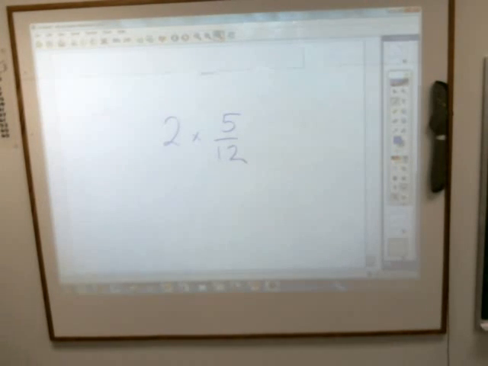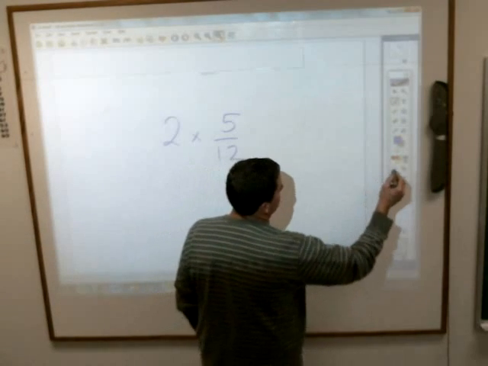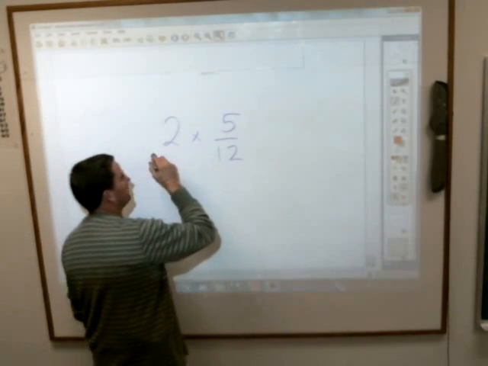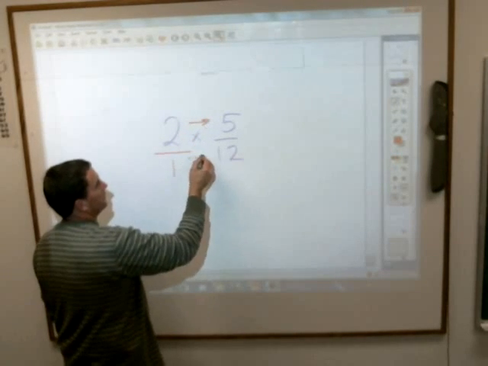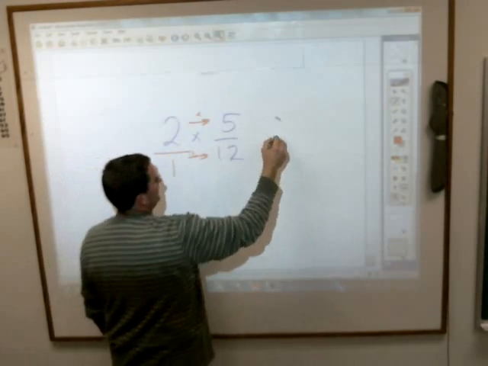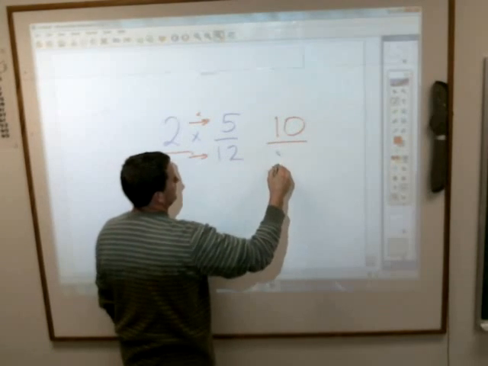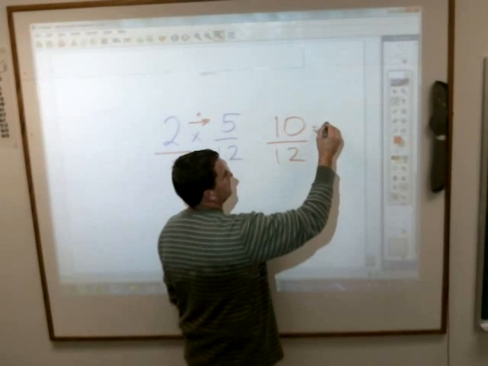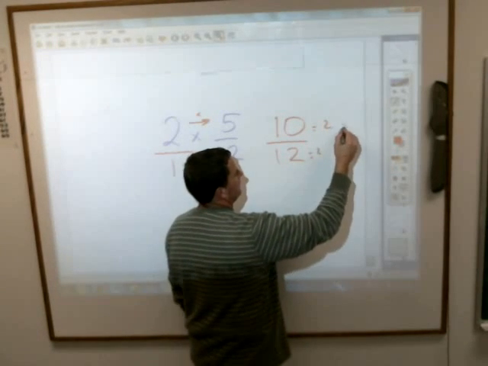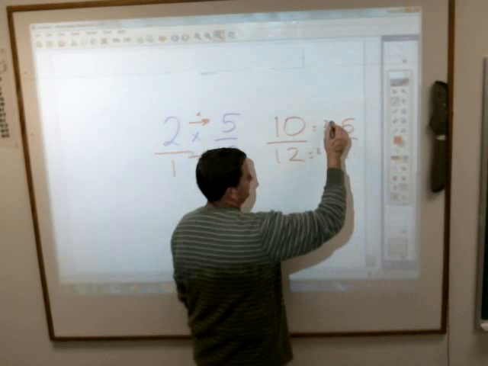Eli Haynes says 5/6. I don't know, let's see. I make it a fraction by putting it over 1. I multiply across. 2 times 5 is 10. 1 times 12 is 12. And then what number goes with 10 and 12 to divide both by? Cut them both in half. Got 5 over 6.